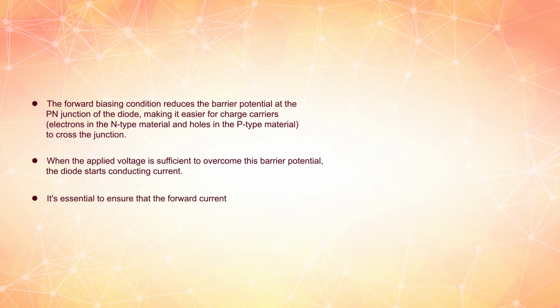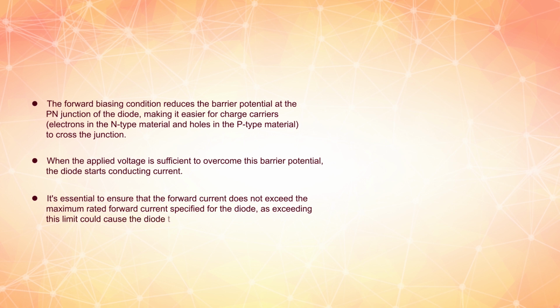It is essential to ensure that the forward current does not exceed the maximum rated forward current specified for the diode, as exceeding this limit could cause the diode to overheat and fail. As we all know, any electronic or electric circuit or any device or any machine has a rated value.